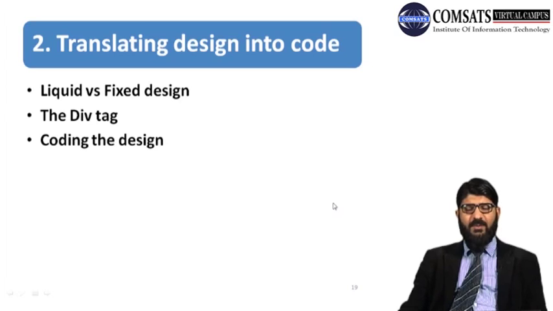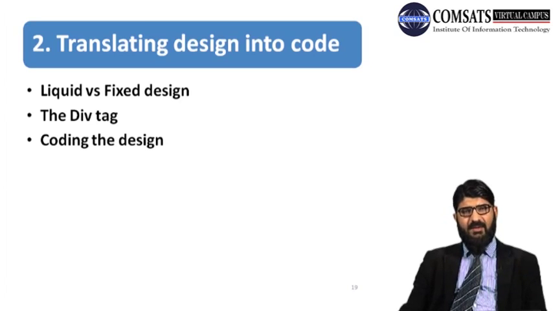Now, how to translate design into code? For translating a design into code, there are three different ways. The first one is that there are two types of design: liquid design versus fixed design.